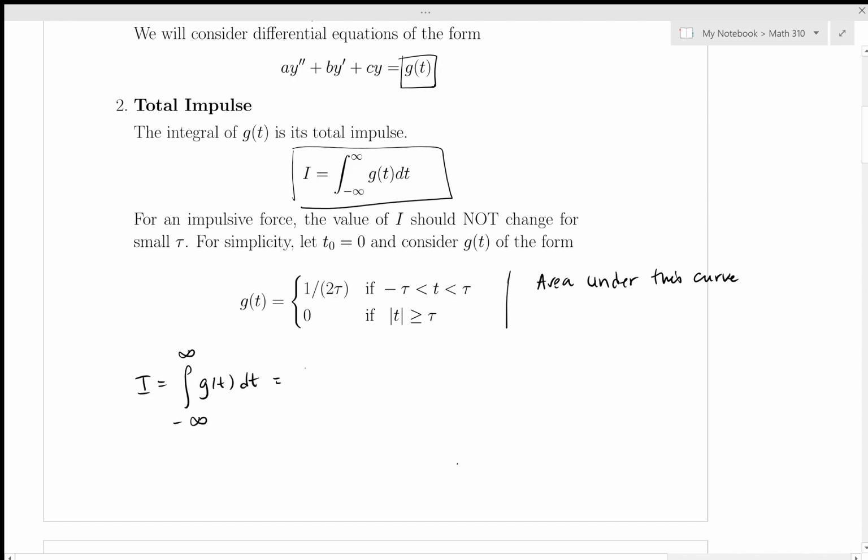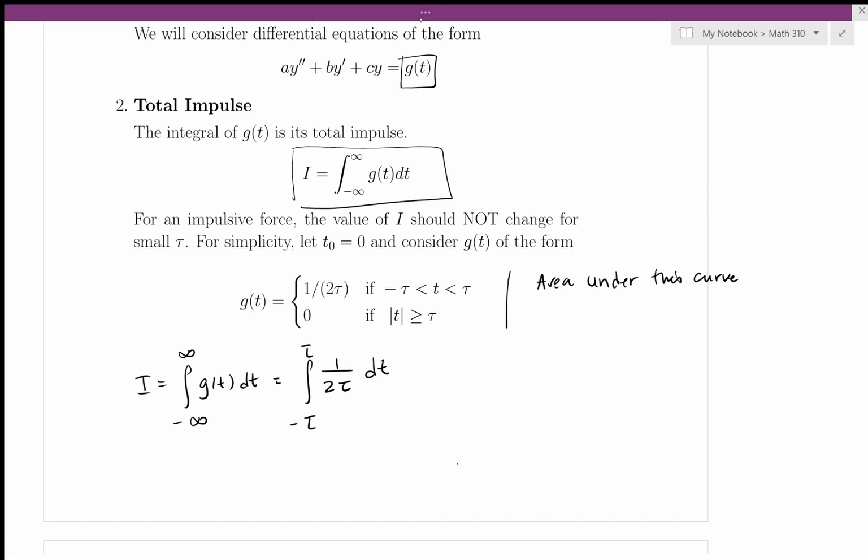And that is the integral from minus tau to tau, because g of t is 0 otherwise, so we don't get any contribution to the integral in that case. And then g of t is defined to be 1 over 2 tau when t is between minus tau and tau. And then we're going to integrate with respect to t.